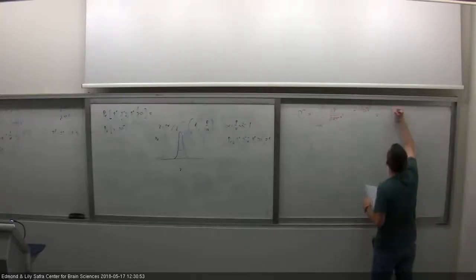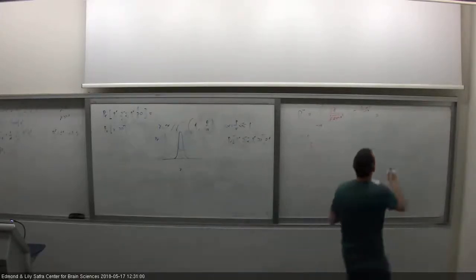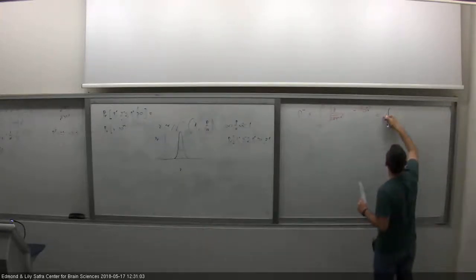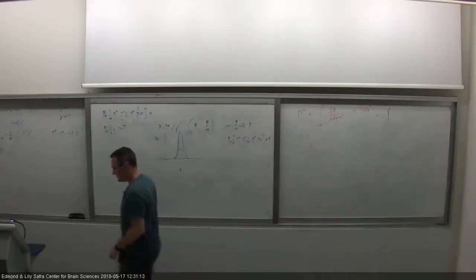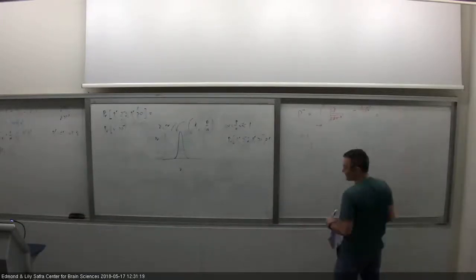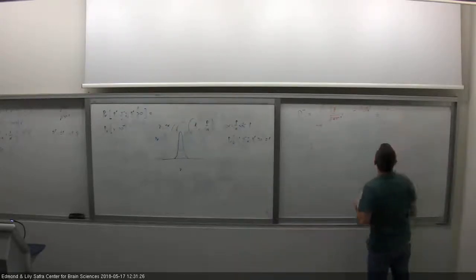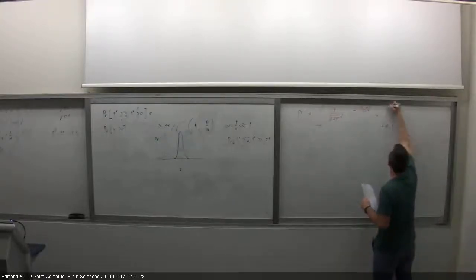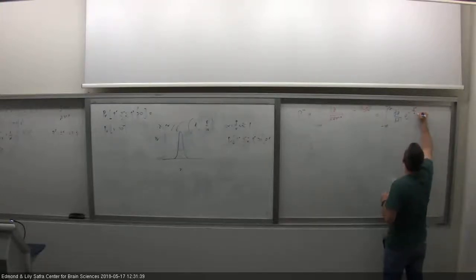And this would be an integral from minus infinity to minus 1 over sigma, dz over square root of 2 pi, e to the minus z squared over 2.